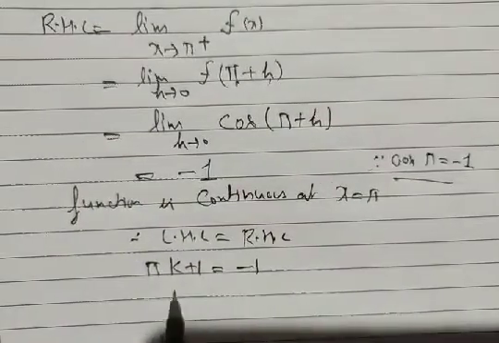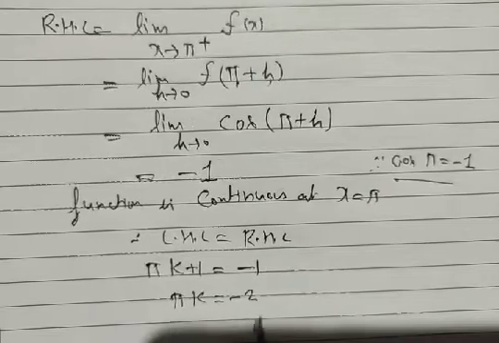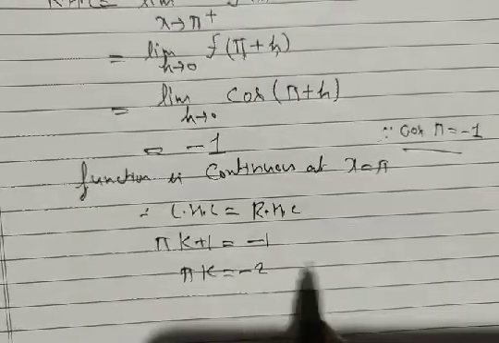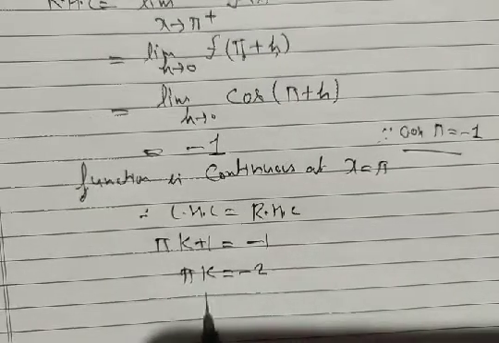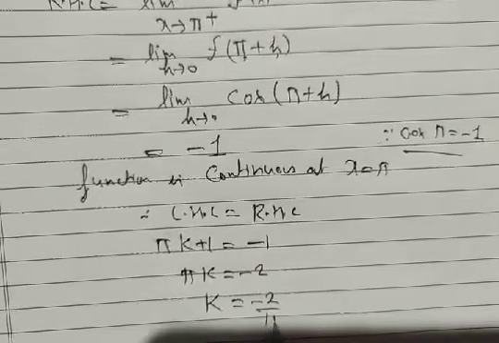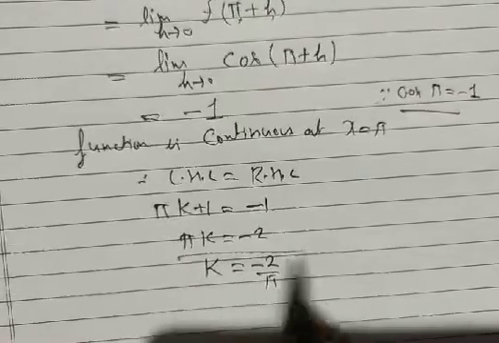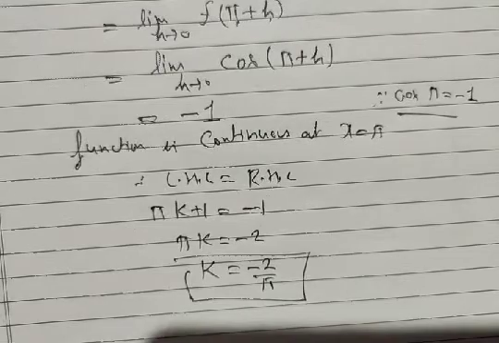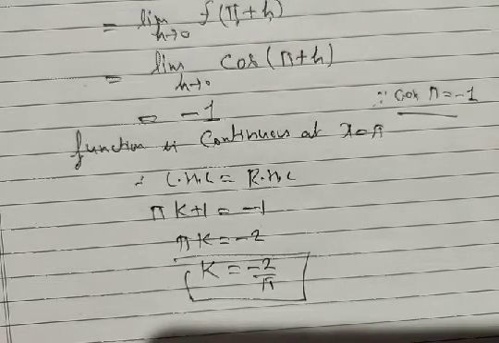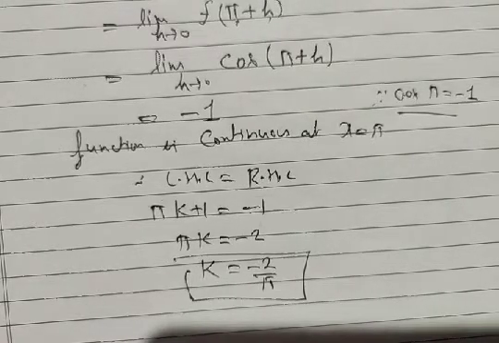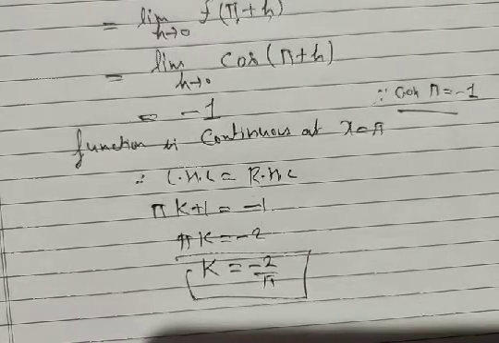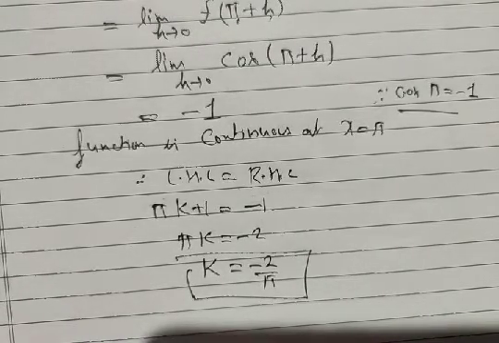Then pi k is equal to minus 2 when we shift plus 1 to the right hand side. Then k is minus 2 upon pi. This is our value of k, when the function is defined at x equal to pi and it's given that it's a continuous function.